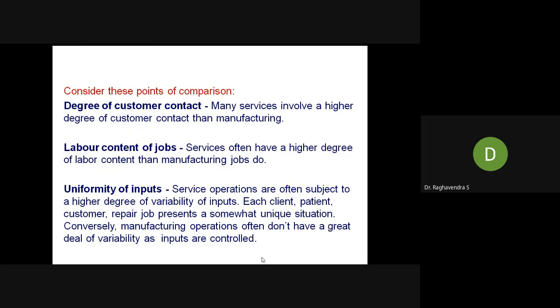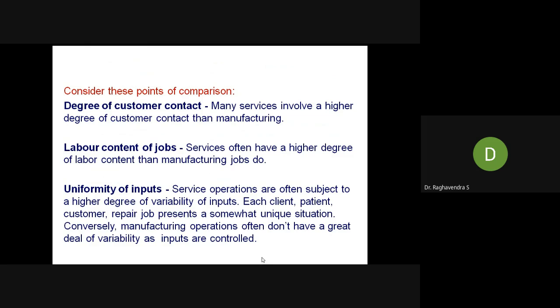If you have a very good relation with the customer, then they will show interest in buying the product. Labor content: similarly, service jobs have a higher degree of labor than manufacturing jobs. Uniformity of inputs: service operations are often subject to a higher degree of variability, such as client, patient, customer, repair job, somewhat a unique situation.